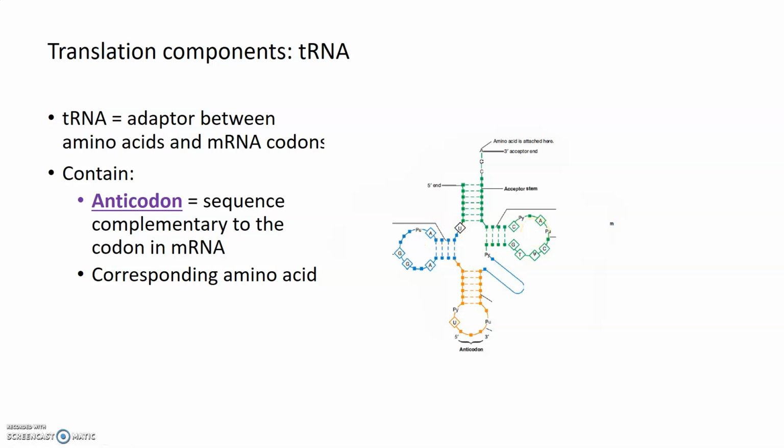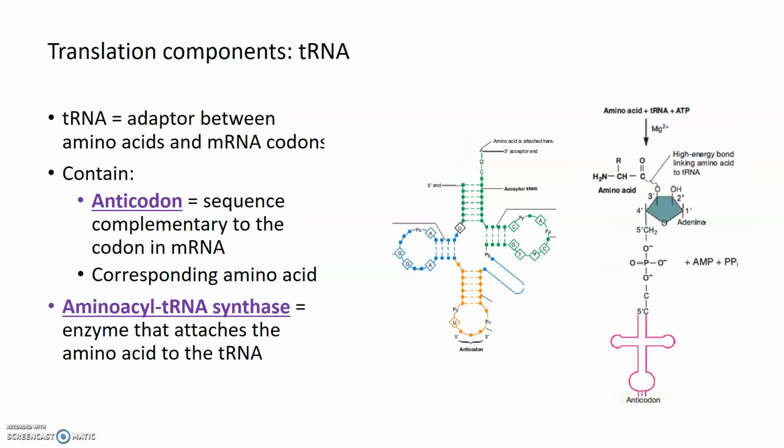There are two parts to a tRNA that are important. The first is the anticodon, which is a sequence that's complementary to the codon in mRNA, and then a corresponding amino acid. So the tRNA can bind to this complementary region in the mRNA and have the correct amino acid attached in that location to build the polypeptide.